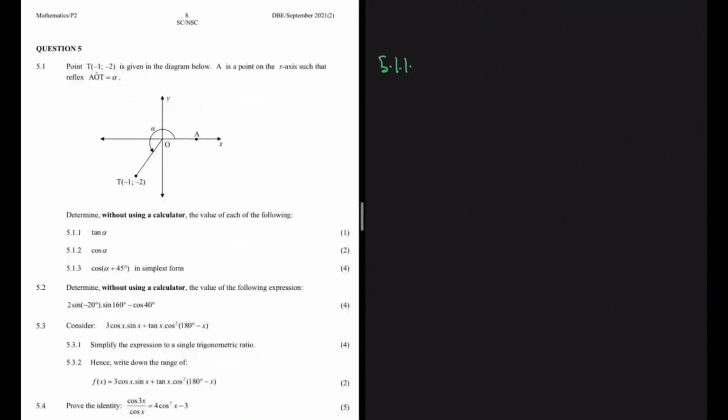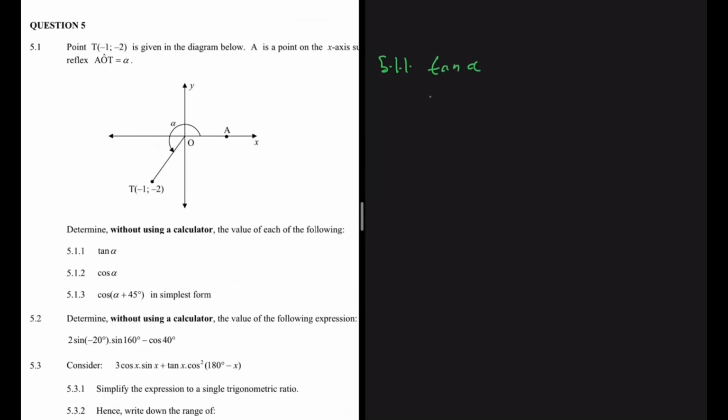5.1.1 says, let's determine, without using a calculator, the value of the following. And then we're starting with tan of alpha. We know fully well that tan of an angle theta is equal to opposite divided by adjacent, right? The opposite is the y and the adjacent is the x.